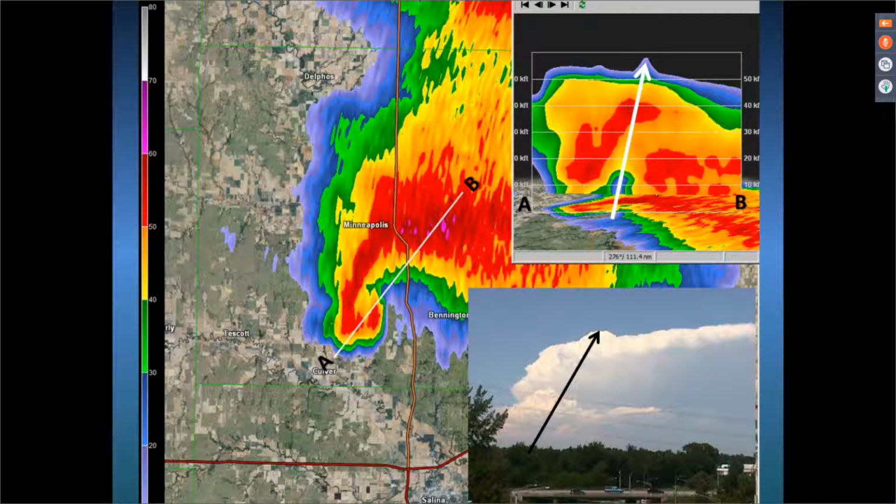And let's say you're spotting and you're at point A and you're looking towards point B. Well, what would you see? Basically, you'd probably see the top of that thunderstorm there, at the bottom right of the screen. You could see the overshooting top there on the top of the thunderstorm. That's where the updraft is so intense it's punching right through the troposphere into the stratosphere. And that's a very good sign of an intense thunderstorm.